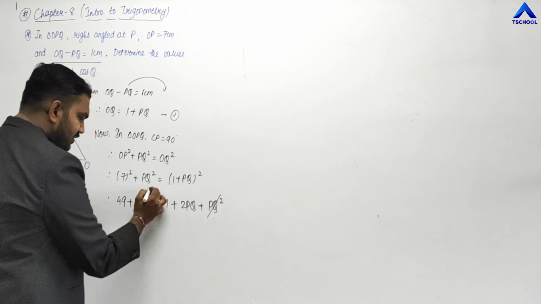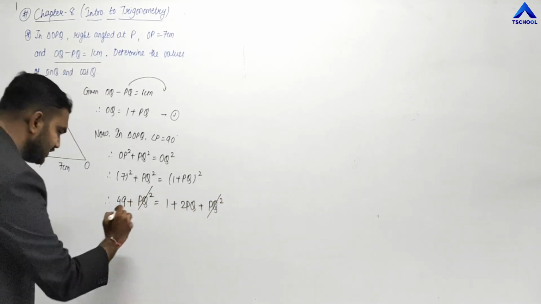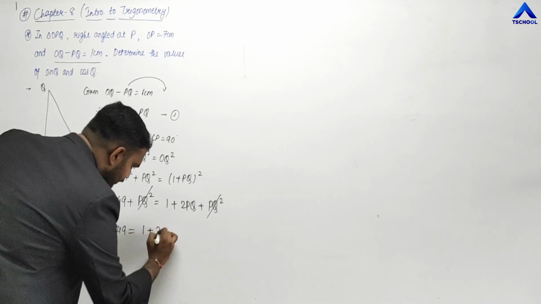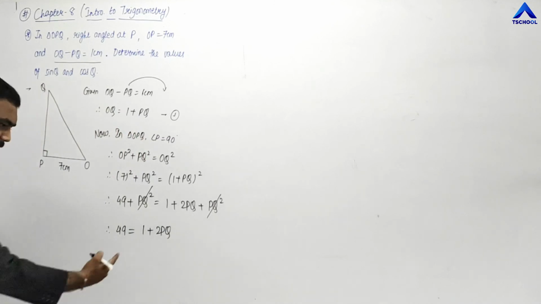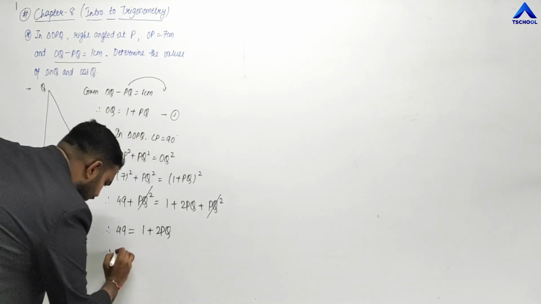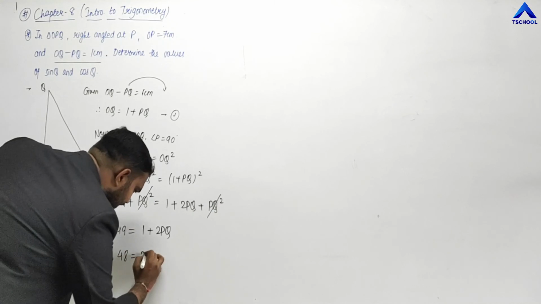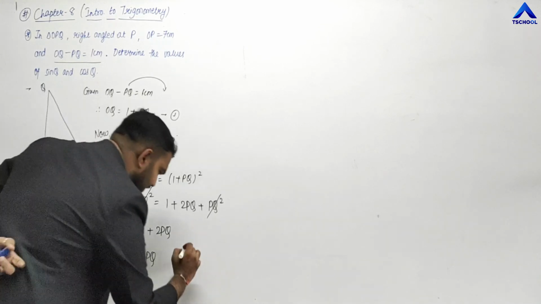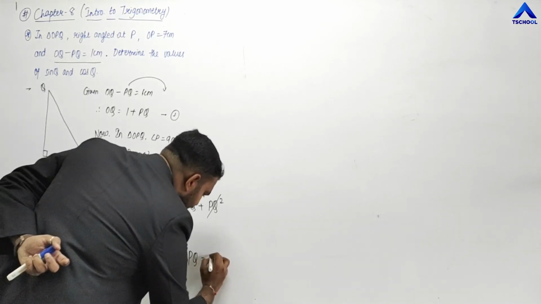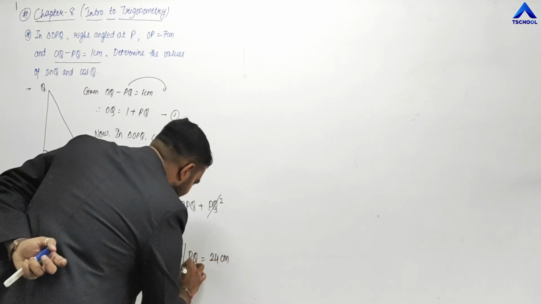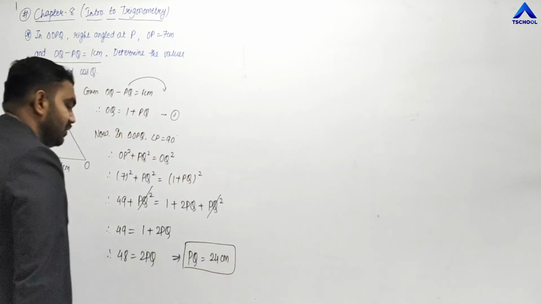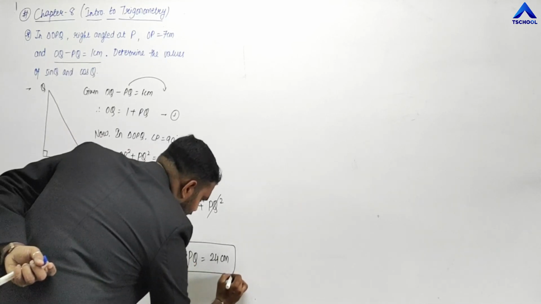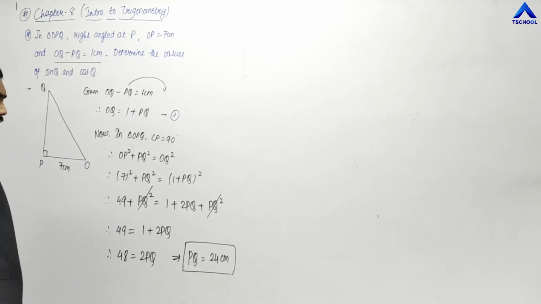Okay, so we can cancel out this PQ square and PQ square on both the sides. Therefore 49 is equal to 1 plus 2PQ. Taking this 1 here, we will get 48 is equal to 2PQ, and again cancelling by 2 on both the sides, we get PQ is equal to 24 centimeter. Okay, so we got one of the sides, that is PQ, as 24 centimeter.